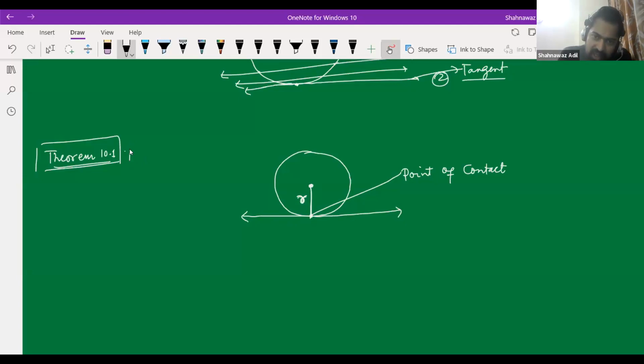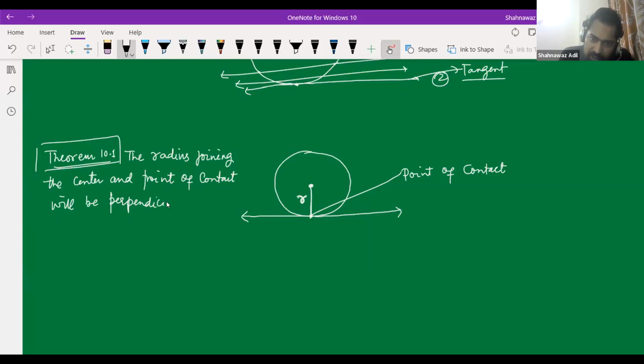It says that the radius joining the center and point of contact will be perpendicular to the tangent containing the point of contact, not the other tangent which has a different point of contact.